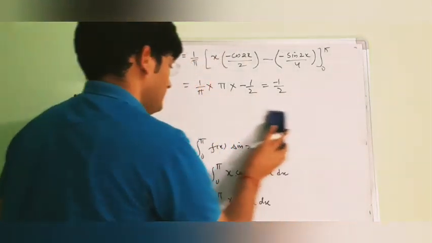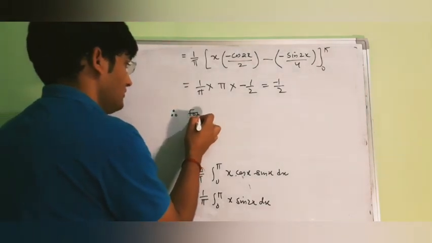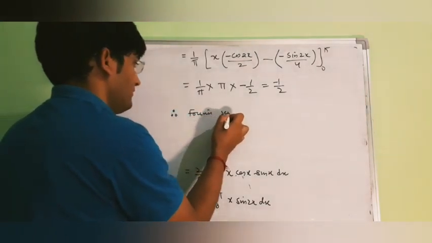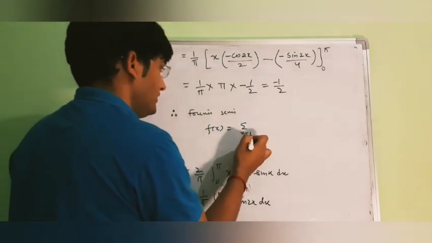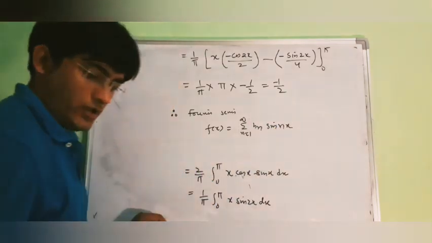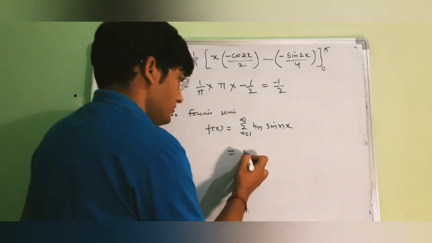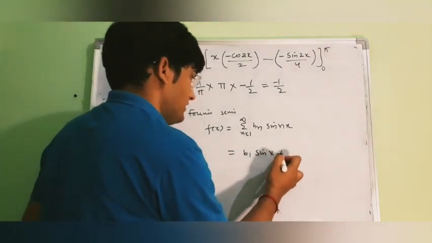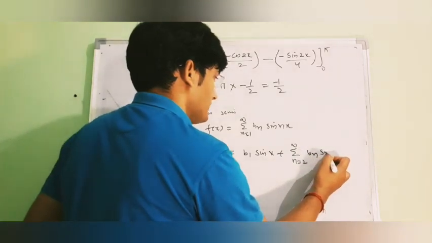Hence the Fourier series is f(x) equal to sum from n equal to 1 to infinity of bn sin nx. As we have a different value for b1, we will write it as b1 sin x plus sum from n equal to 2 to infinity of bn sin nx.